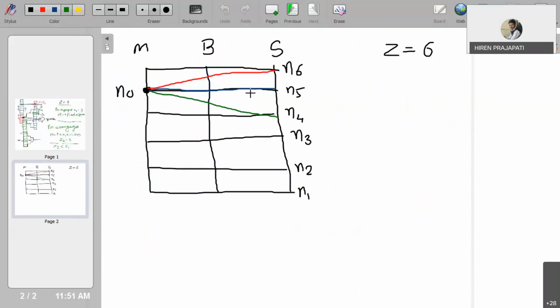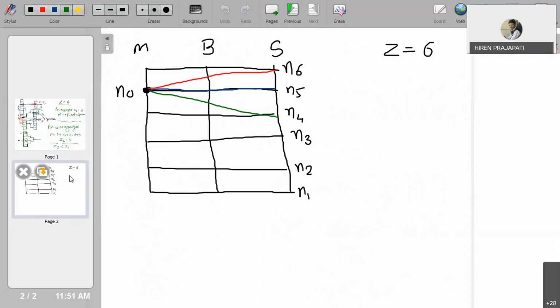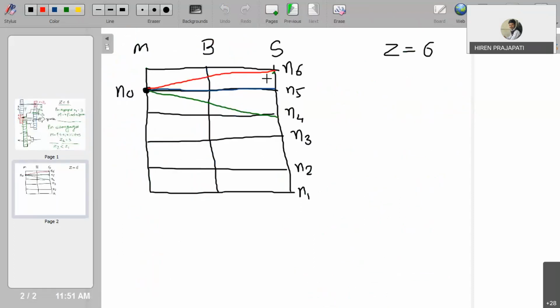So for that, we need to consider that from n6, if the belt is on the first step and now I engage the back gears, then from n6 we get n3. From n6, first of all, from gear A to B we get a phi to the power 1.5 reduction, which I indicate by a dotted line.